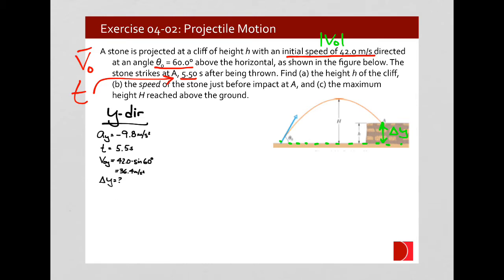In order to find that, we can already calculate it using a kinematic equation that has all these terms and does not have the final velocity in the y direction. And the equation that we use is this. For our acceleration, we use negative 9.8.